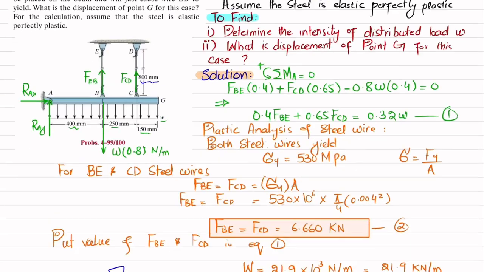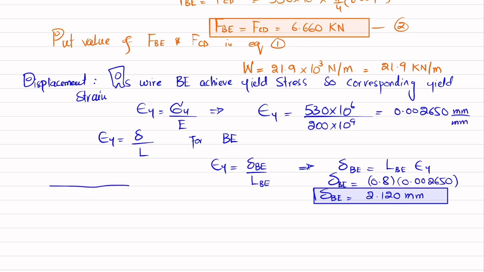Now we have these values. Again, you can see that initially this beam was like this, clear? This is your point A, this is your point, let's say B, this was your point C, and this is your point G. Due to the loading, the beam will go like this. This will be the change in length of BE, delta BE.